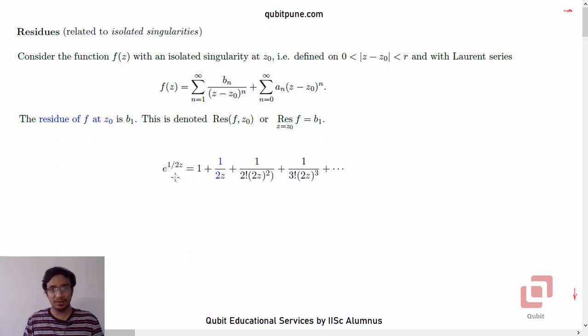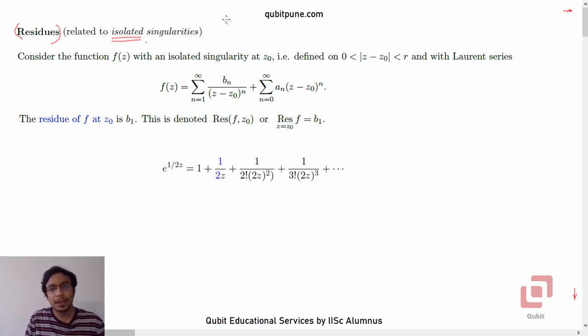To begin with, let us see the definition of the term residue. Now the term residue has something to do with isolated singularities. So let us first recall what an isolated singularity is.